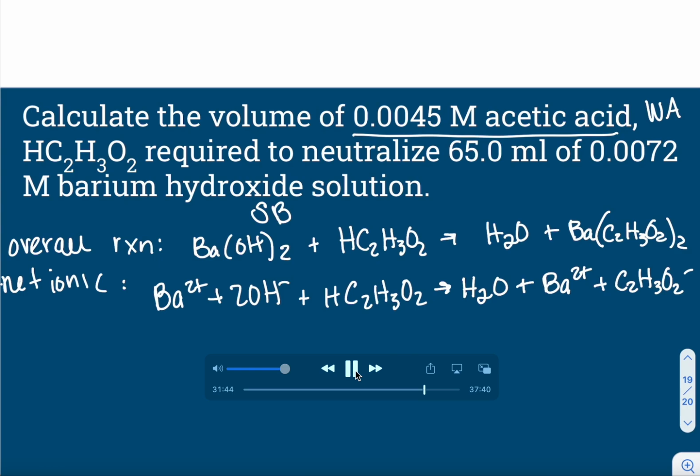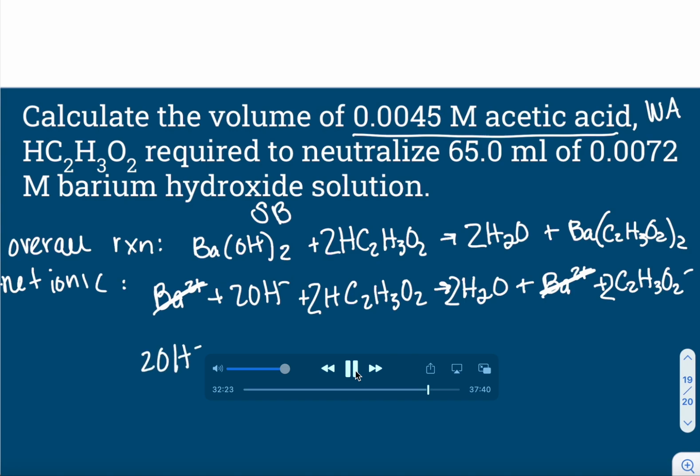Oh, sorry, I forgot to balance this first. So let's go back and balance this. So we have 2 OH minus here, and then we should have 2 H2O here. And then this would be a 2, and this would be a 2. Okay. So then the thing we can cancel out is our barium.